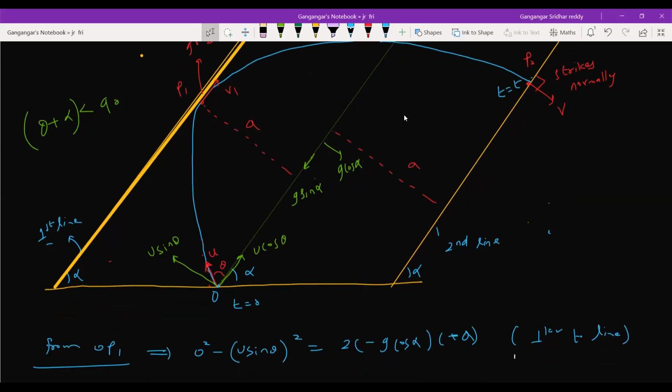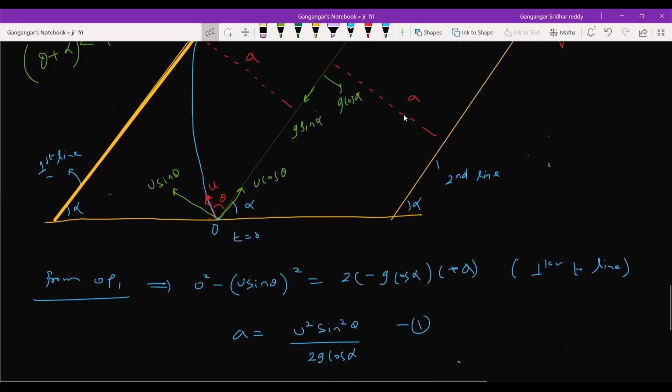Sir, in the first equation, it should be v square minus (u sin theta) whole square, and also it should be plus 2a.